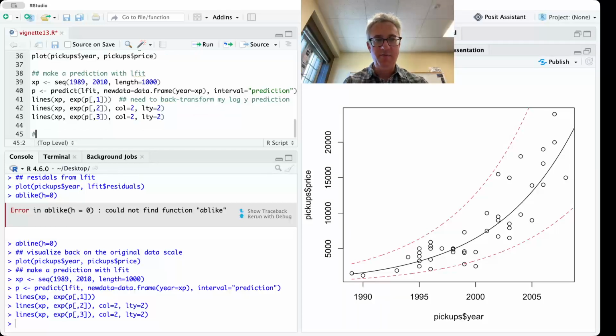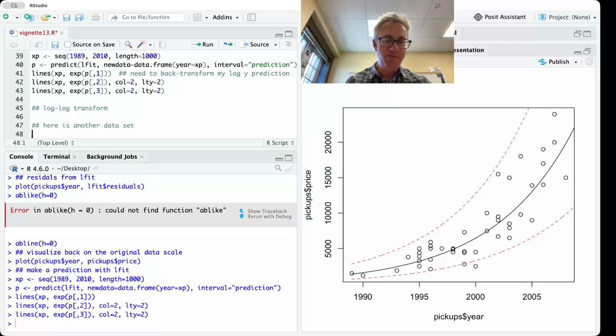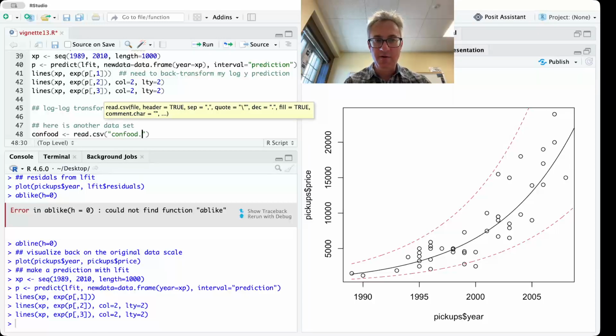Now I want to tell you about the log transform. So I want to introduce another data set here. Here is another data set that you can download from the book webpage. I call it confood, or confoods sometimes, read.csv, confood.csv.